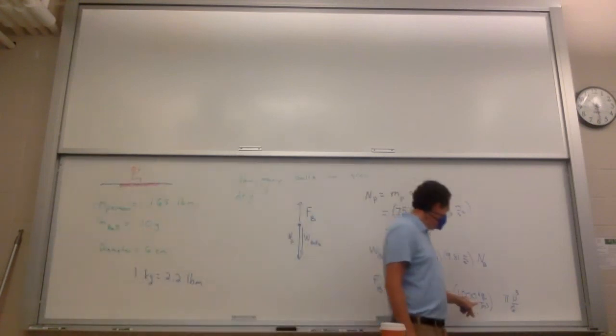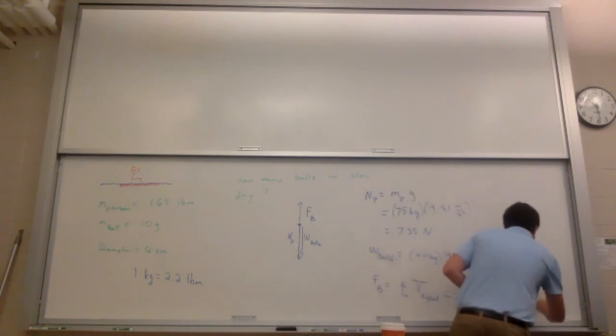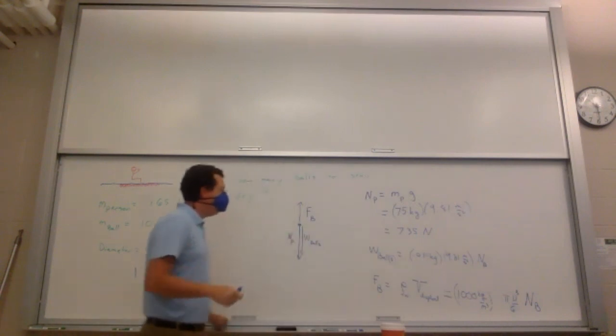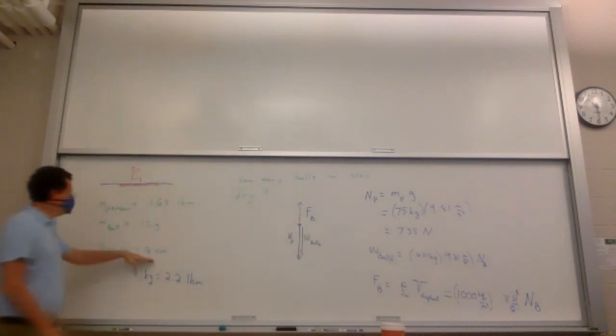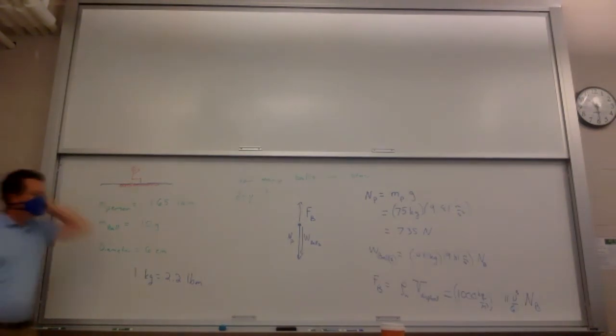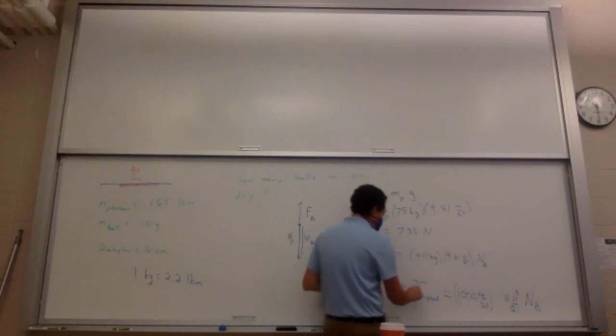Oh, am I done? Density times the volume, times the number of balls. Okay, so I know the diameter. It's over here. I made it really small for you. I'll help you out there. Yes, you're absolutely right.